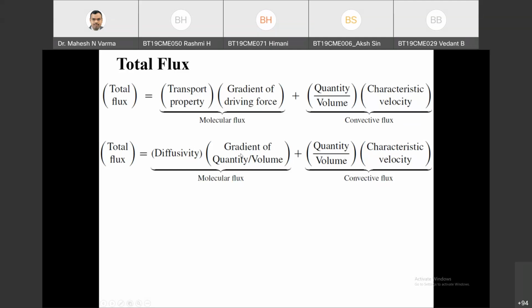Now this is gradient of quantity per unit volume. So I want to discuss the dimensionless number. What are the dimensions of gradient of quantity per unit volume?